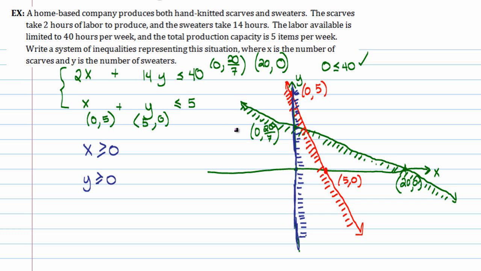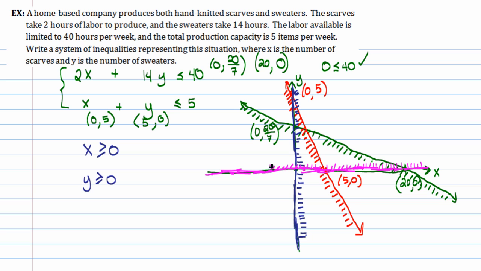Finally, I'll graph y equals 0, which is a horizontal line at the x-axis. And I'll shade everything that's above that. Because again, you need a non-negative number of sweaters. You can have 0, but you just can't have a negative number of sweaters.